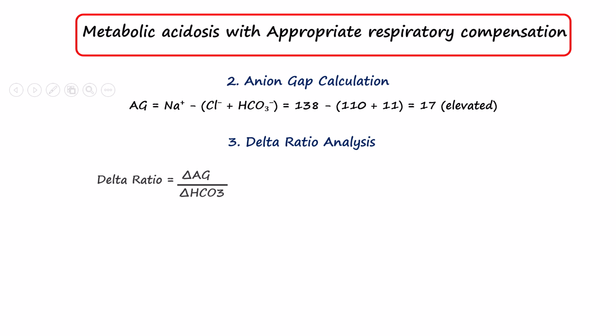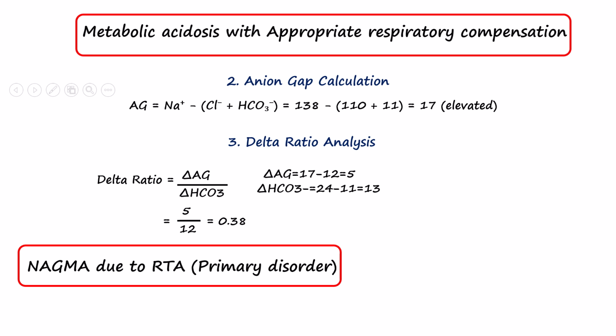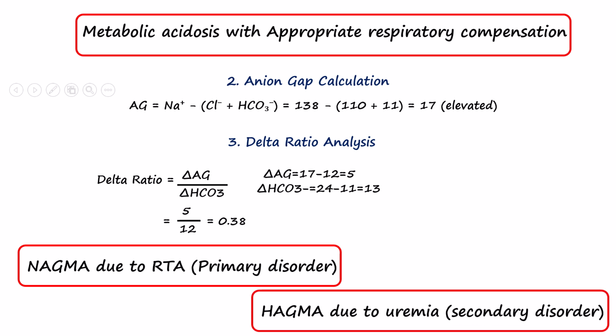The delta ratio of less than 0.4 reveals that NAGMA is a dominant disorder despite elevated anion gap. So here we have a normal anion gap metabolic acidosis due to renal tubular acidosis as a primary disorder, with elevated anion gap metabolic acidosis as a secondary disorder. The elevated anion gap metabolic acidosis is due to uremic anions that raises the anion gap.